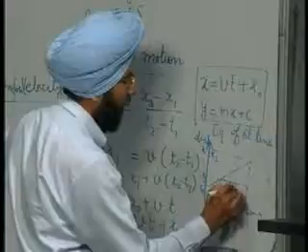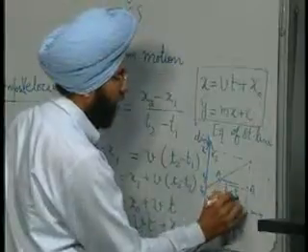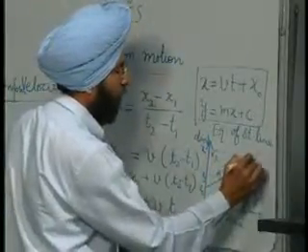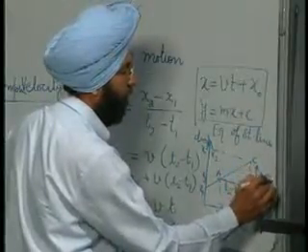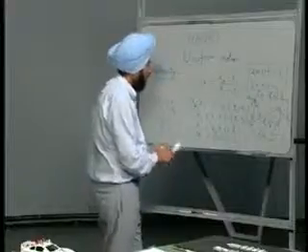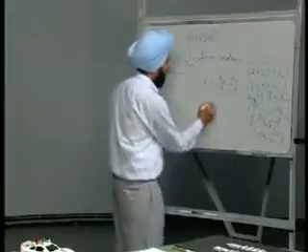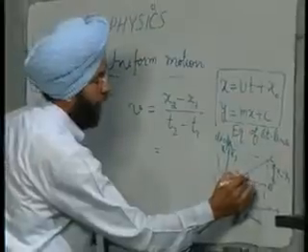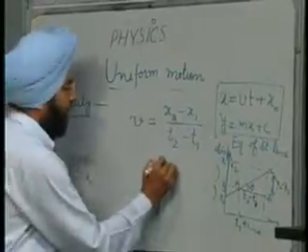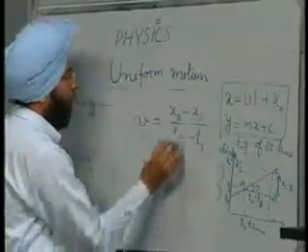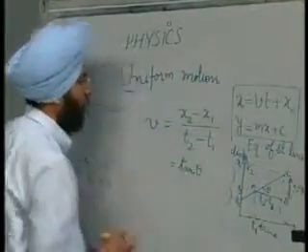In this triangle we have from A to B, this is time t 2 minus t 1, from B to C it is displacement x 2 minus x 1. Now, velocity we have defined as x 2 minus x 1 over t 2 minus t 1. In this triangle, if angle CAB is theta, then x 2 minus x 1 over t 2 minus t 1 is equal to tan theta.